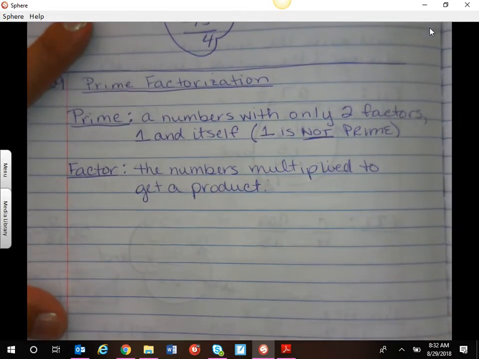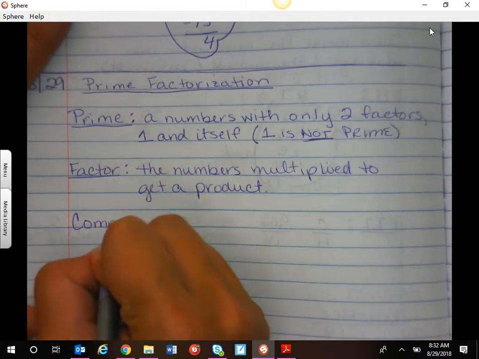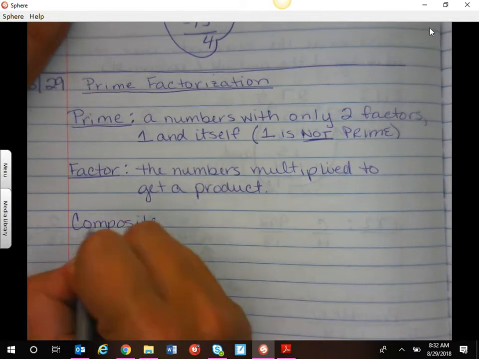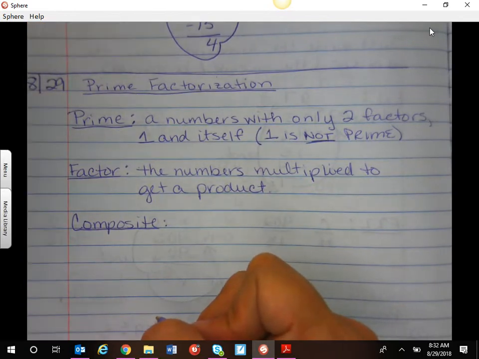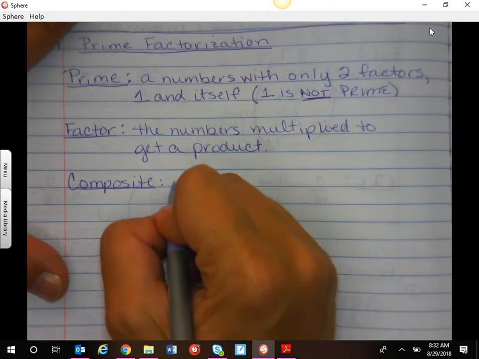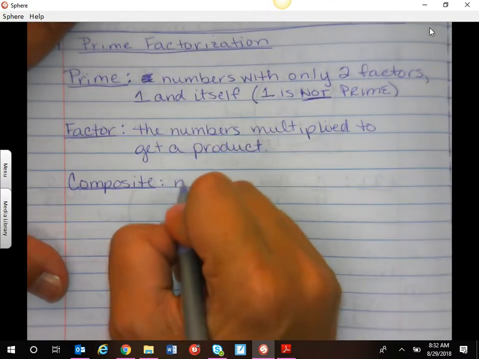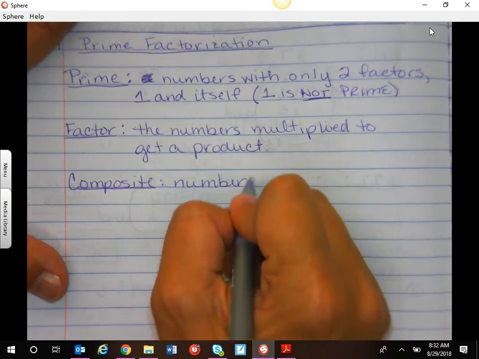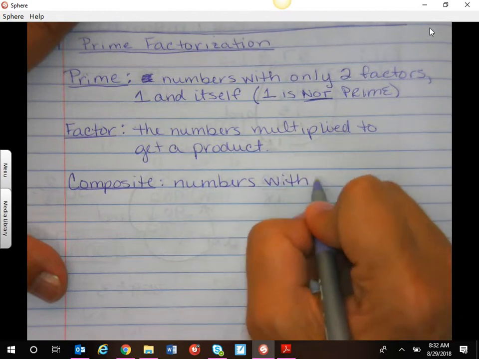We have prime numbers, and then we also have what we call composite numbers. So prime numbers only have two factors, one in themselves, but composite numbers are numbers with 3 or more factors.